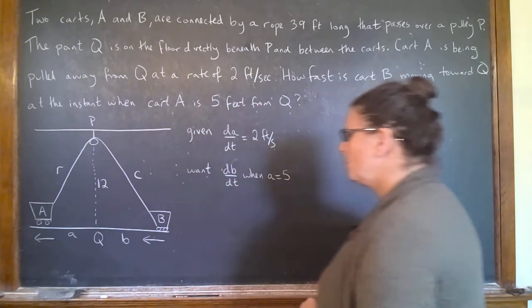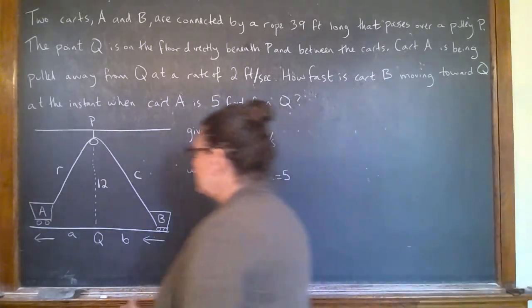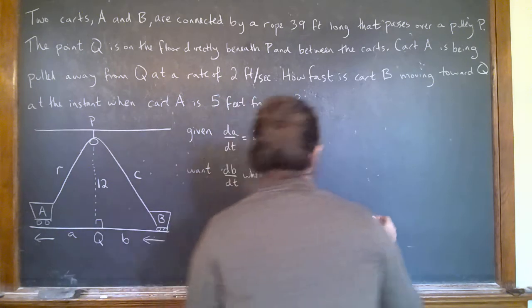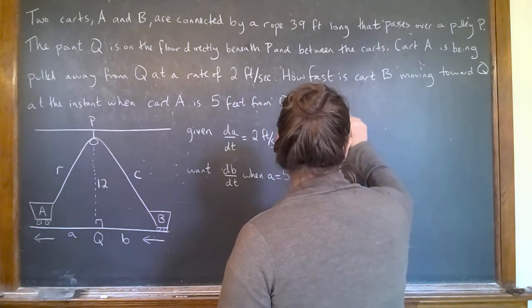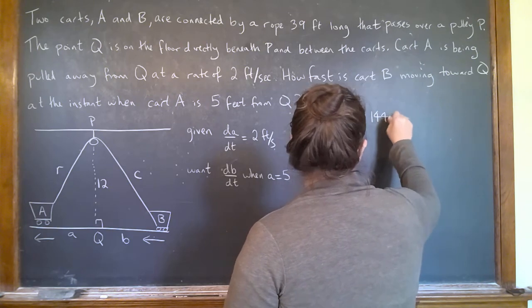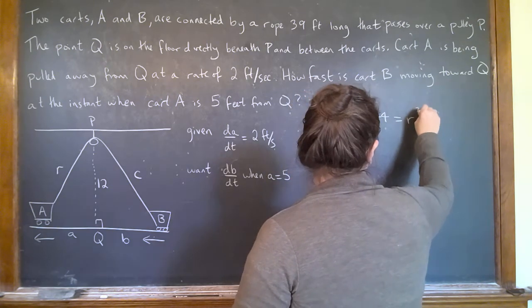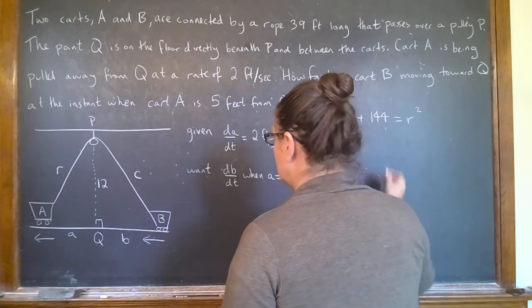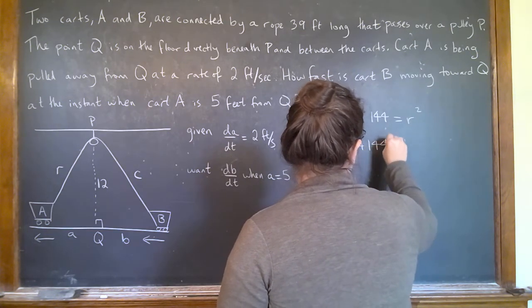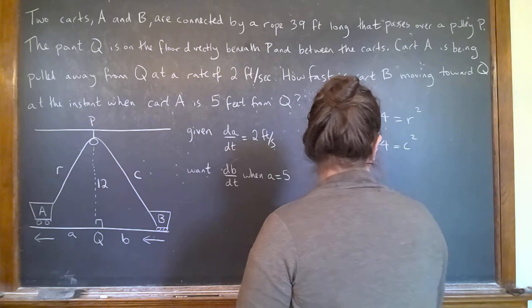As I said, these are two right triangles. So we have a squared plus 12 squared equals r squared, and b squared plus 12 squared equals c squared.